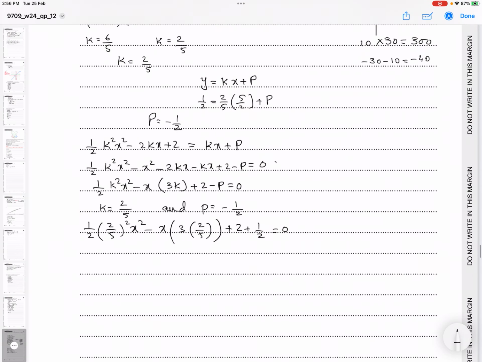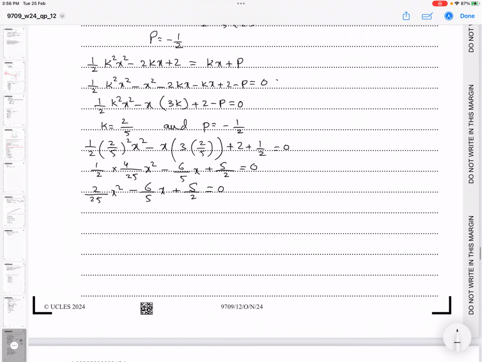So this is your 1 over 2 times 4 over 25 x squared minus 6 over 5 x plus 5 by 2 is equal to 0. Further simplification will give you 2 over 25 x squared minus 6 over 5 x plus 5 by 2 equals 0.